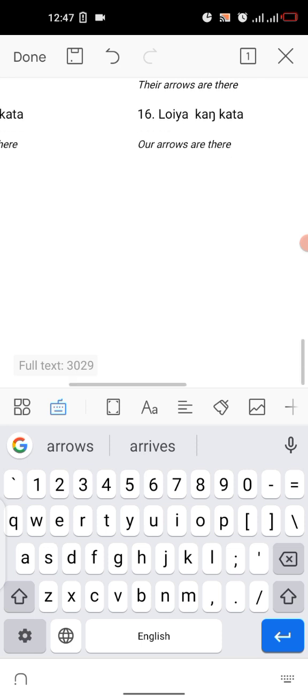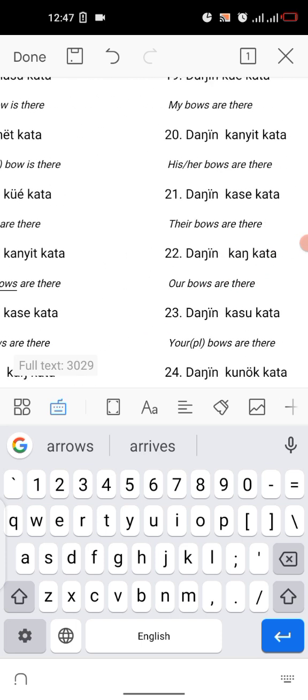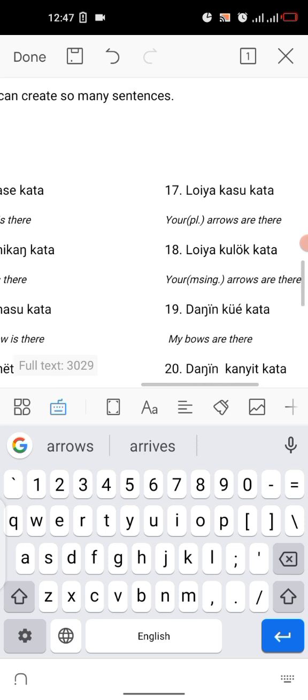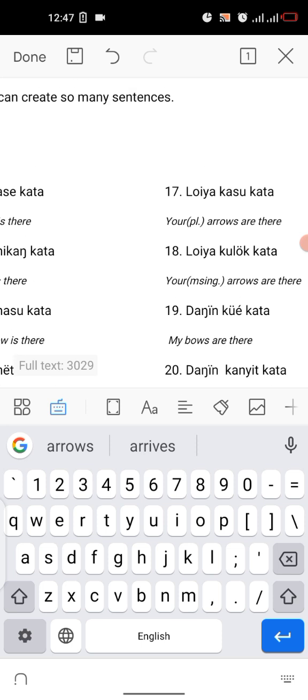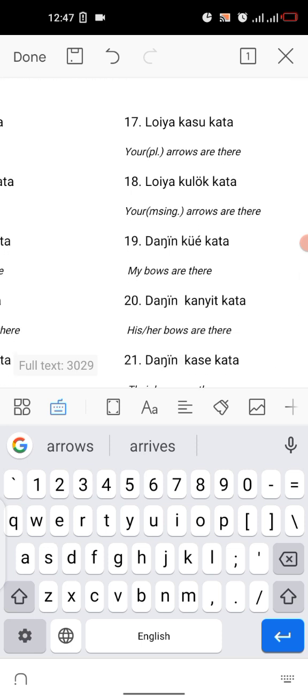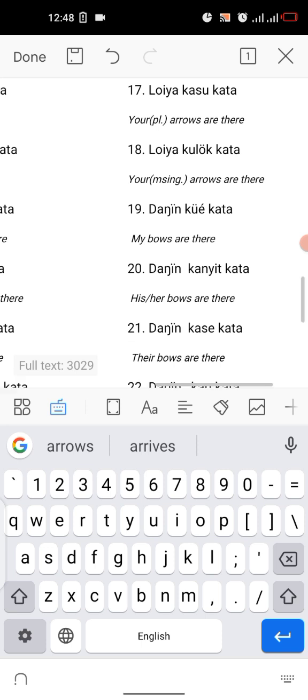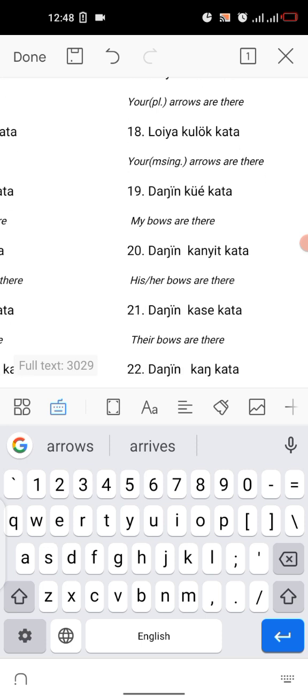Our arrows are there. Number 17, lawyer kasu kata. Your arrows are there. Here when you are referring to many people. Number 18, lawyer kuluk kata. Your arrows are there when referring to one person owning many masculine things.